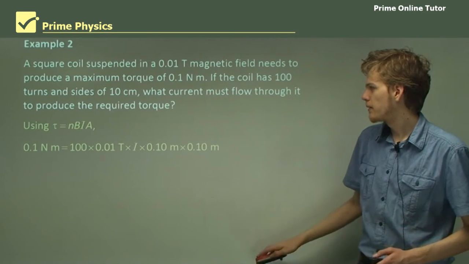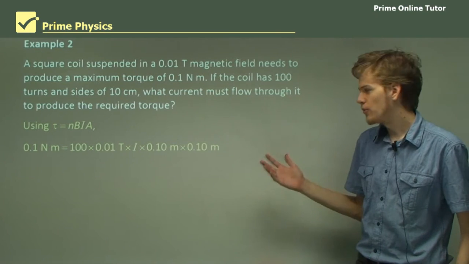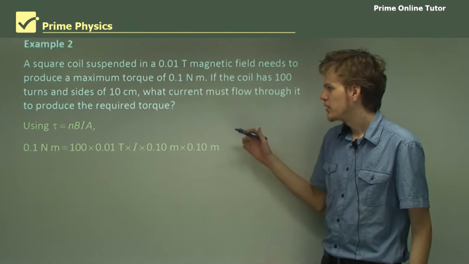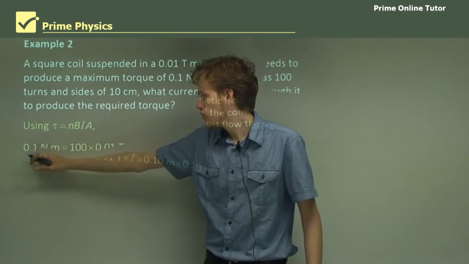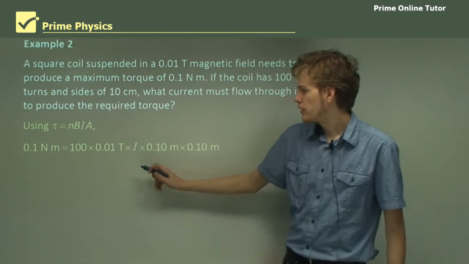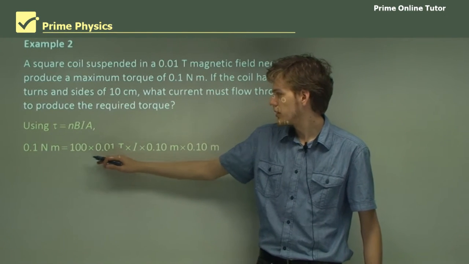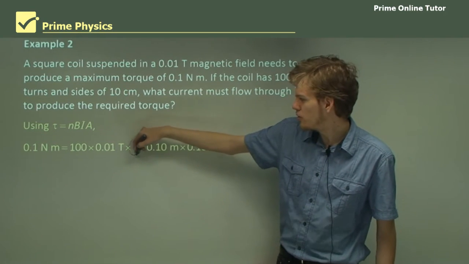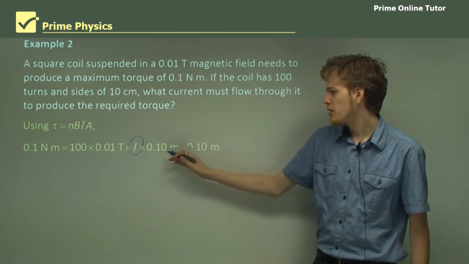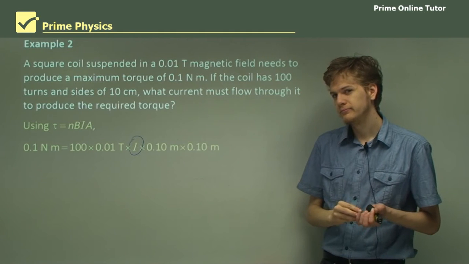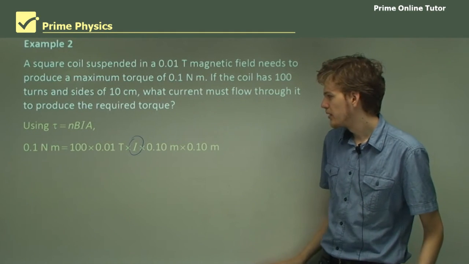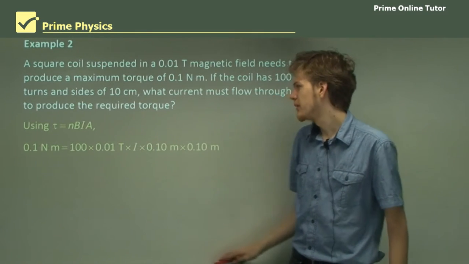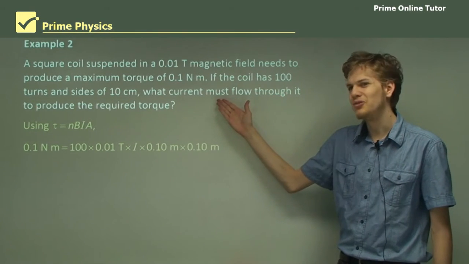So, rearranging or substituting in our numbers, we have torque, 0.1 Newton meters, N, 100 turns, B, 0.01 Tesla, our unknown variable I, and then the area of the coil, right? So we have to be very careful here that we get all the decimal places right, because everything is just 1, 0, right?